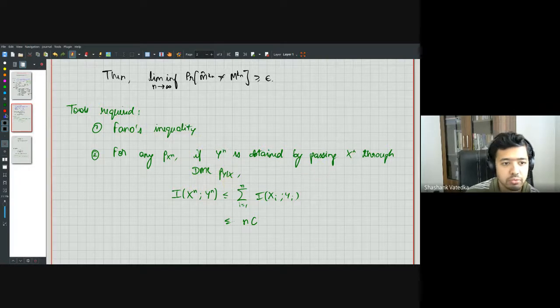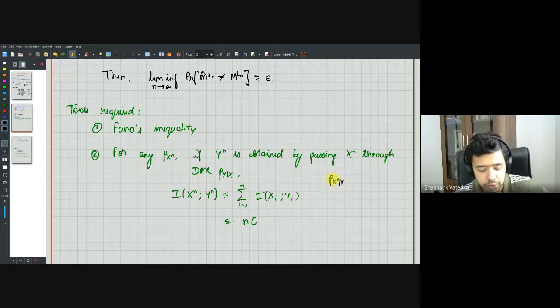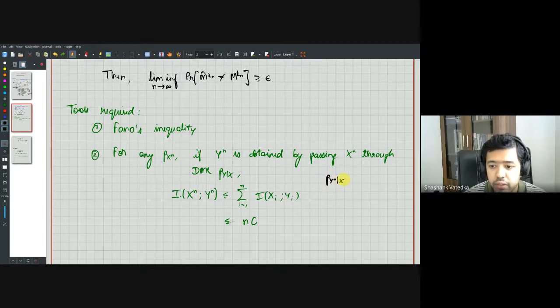Here we're using the fact that P of y^n given x^n is equal to the product, i going from 1 through n, of P of y_i given x_i.